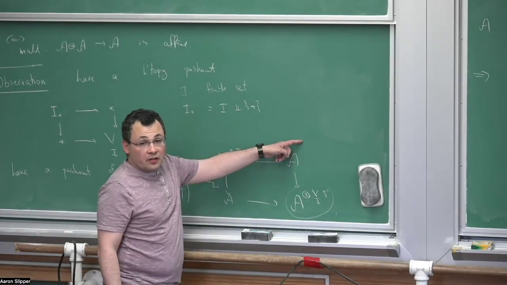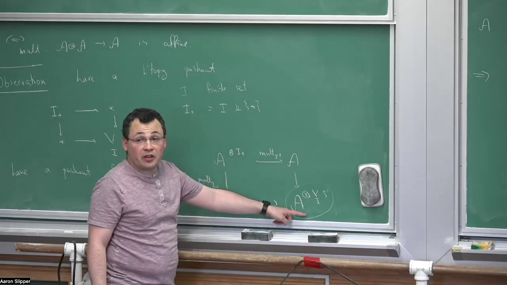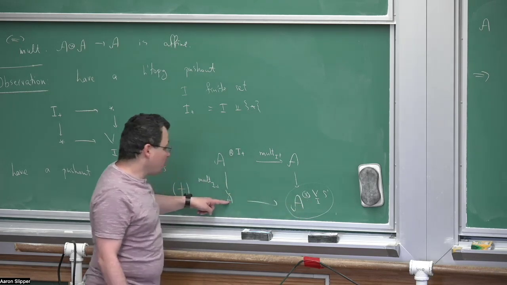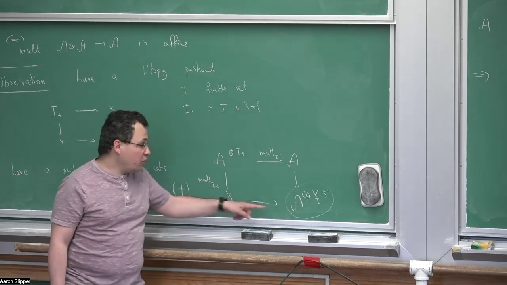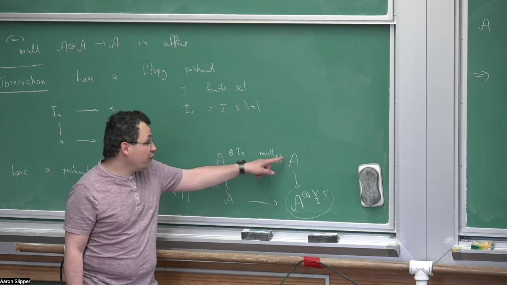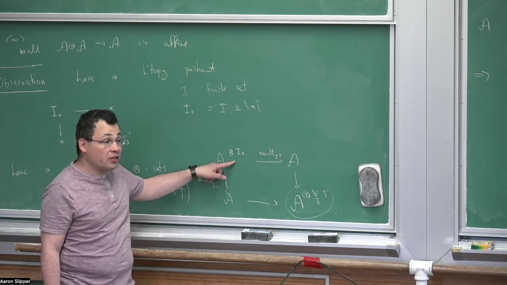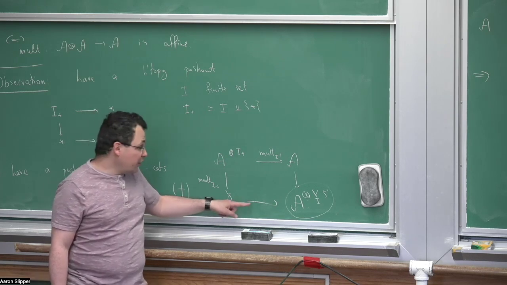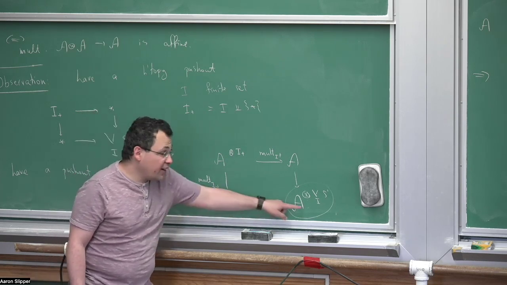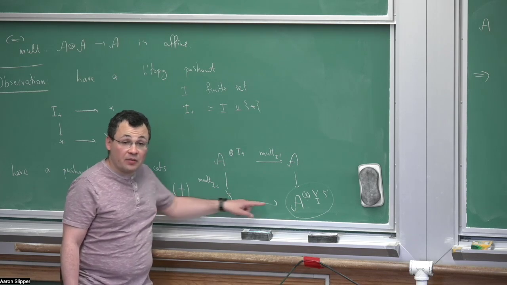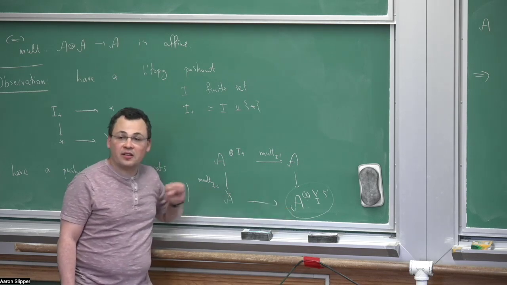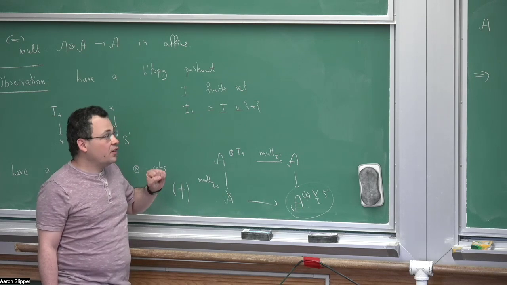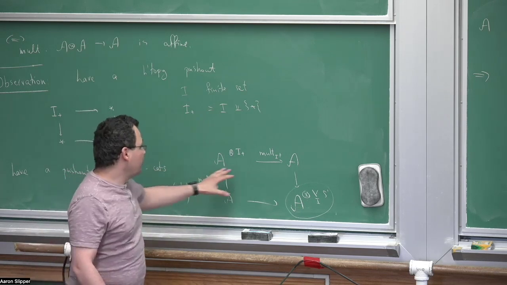You start with one here, going to here, that's one, because all of these are symmetric monoidal functors. So this right adjoint applied to the tensor unit here is the same as this right adjoint applied to the tensor unit, followed by multiplication. And then from one here to the right adjoint of one here, that's the same thing as endomorphisms.